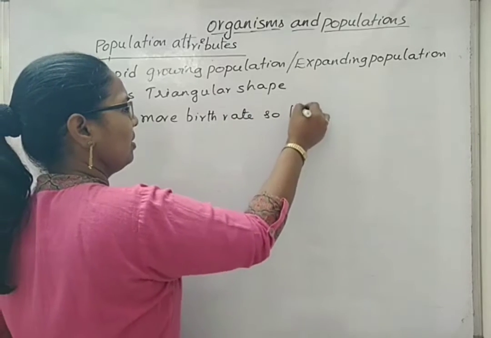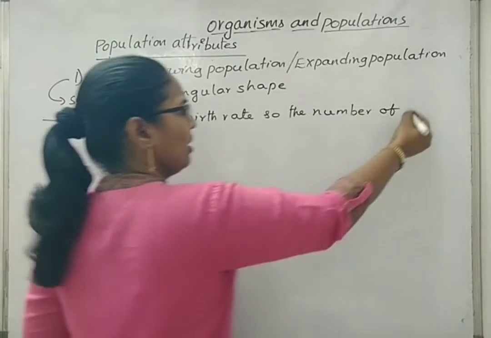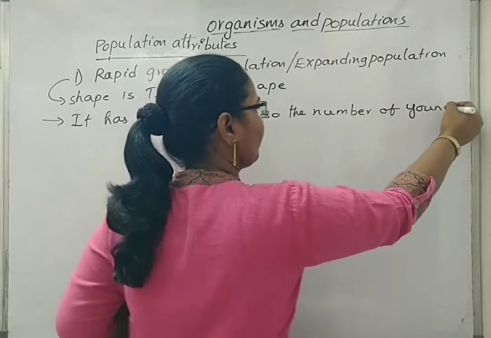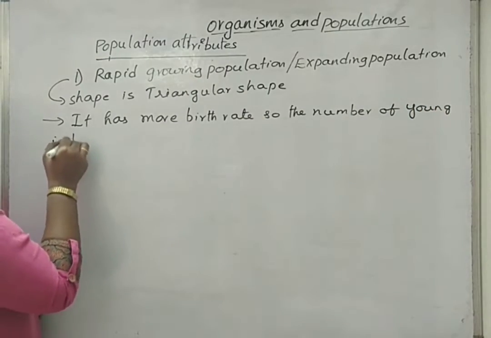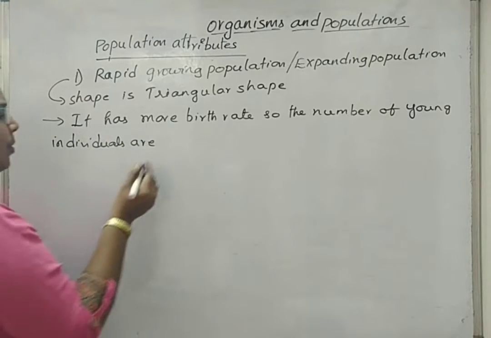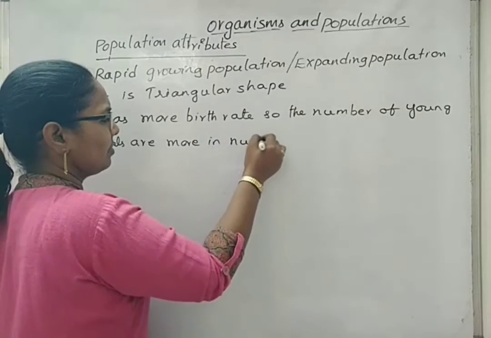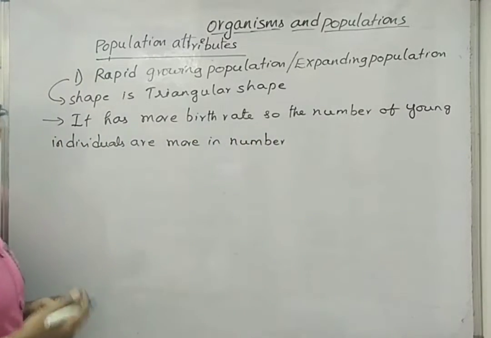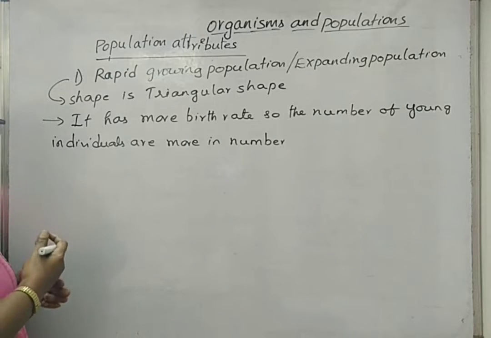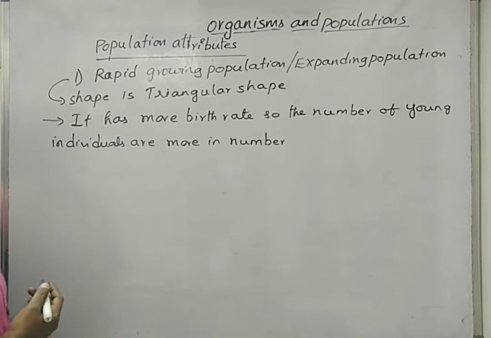So, the number of young individuals is more in some types of populations, compared to the reproductive aged organisms or post-reproductive organisms.